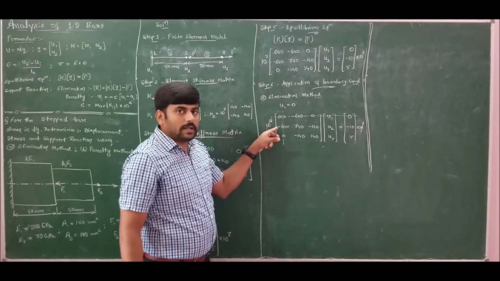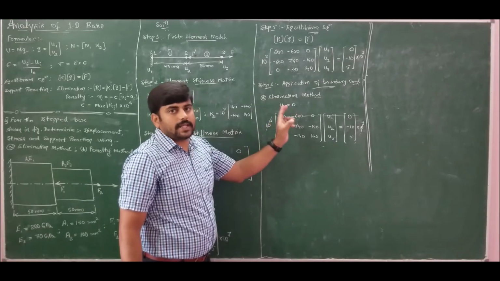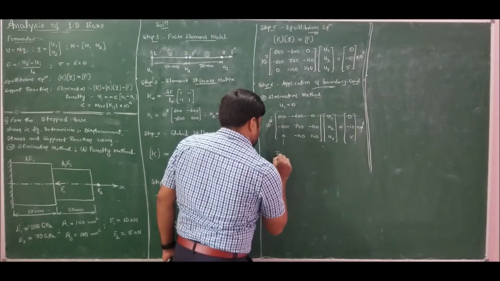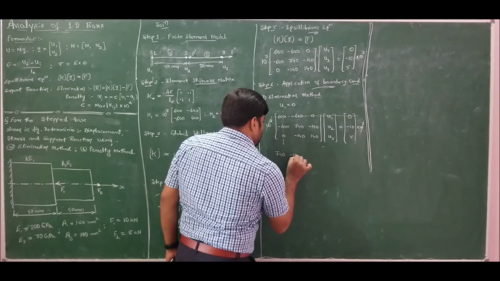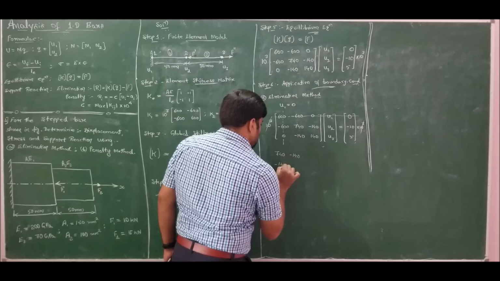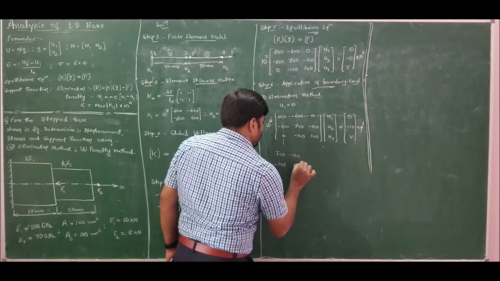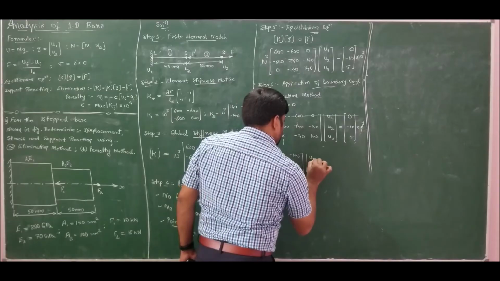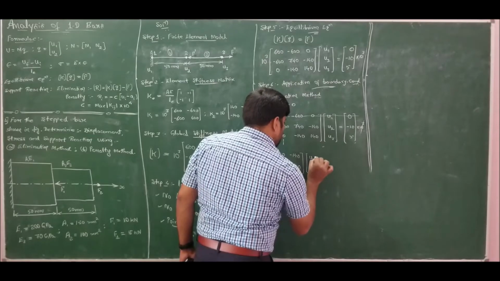So these two should be multiplied with their respective displacements and taken towards the RHS. If I do that, I end up with 740, minus 140; minus 140, plus 140, multiplied by u2 and u3.